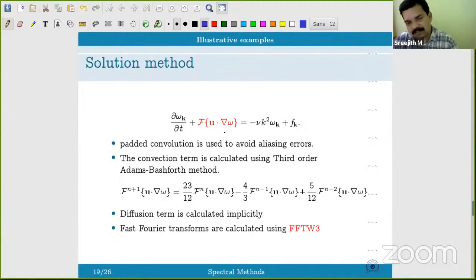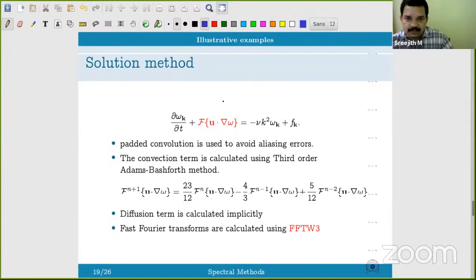There are other methods; spectral filtering methods are also used. In that case, we remove the wave numbers which are more than some critical value. That method is known as spectral filtering. Anyway, we have to avoid aliasing errors in spectral methods.